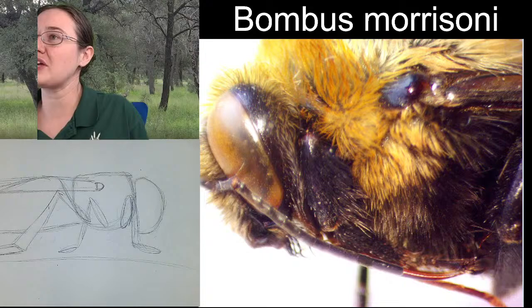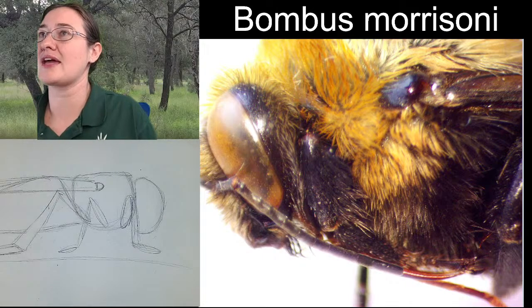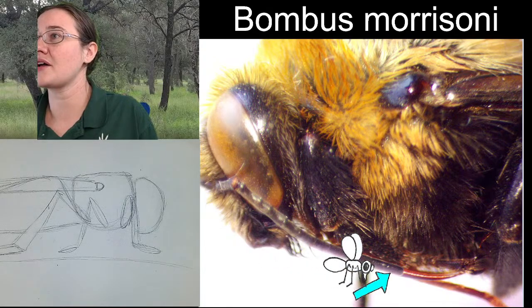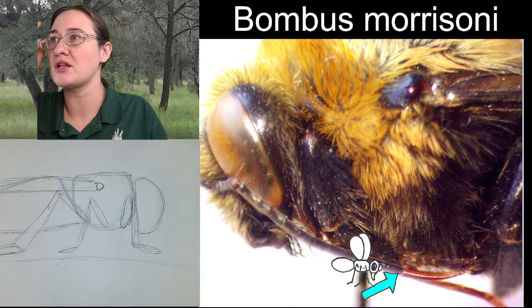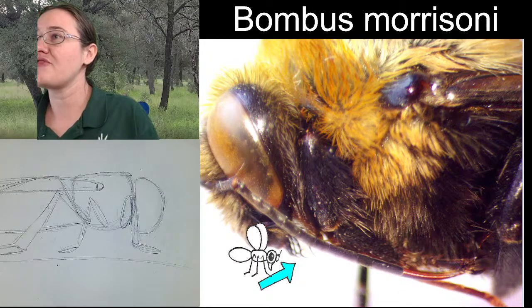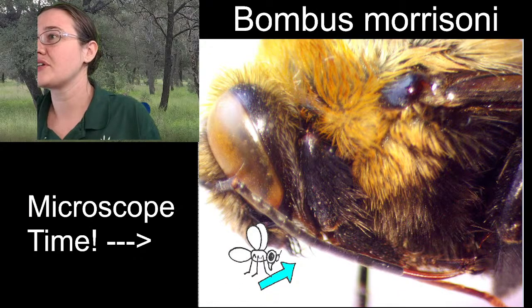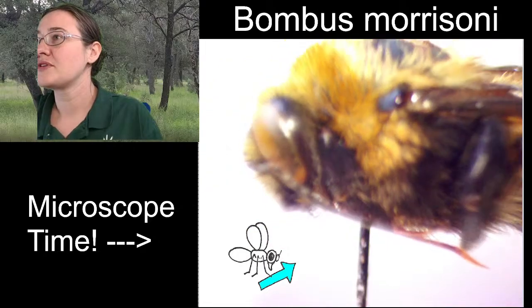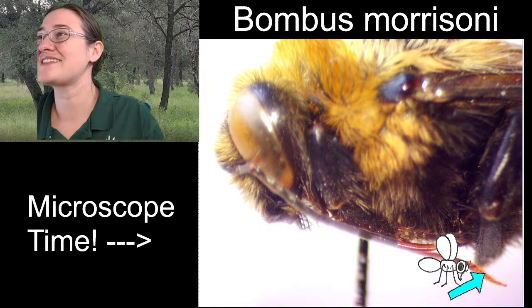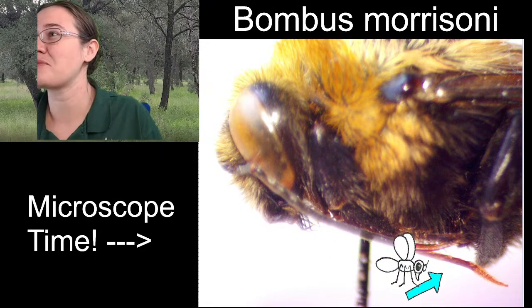So the other thing that we're seeing here is the antenna. Right here, long and straight. That's what we would call a filiform, long and straight antenna. And then, if we looked, you see this long orange guy right here? That's its tongue. That's its mouth part.